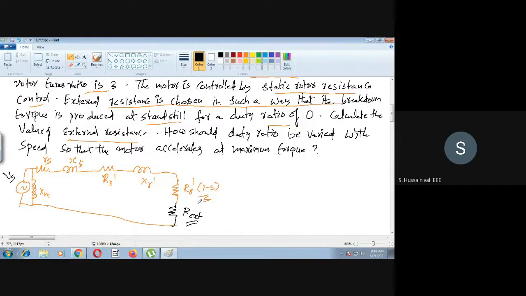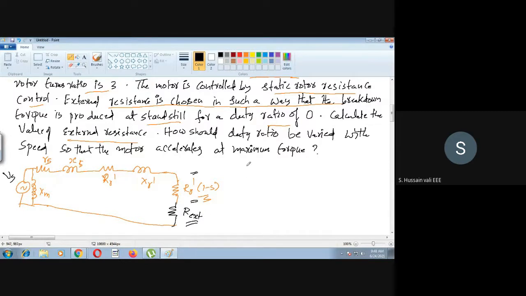Then you have this resistance, in which the power is the actual gross mechanical power. Now you are adding some extra resistance in the circuit. He is asking what is the value of this. So how do you find it? We have some equations for this, and first of all you should know some equations here.